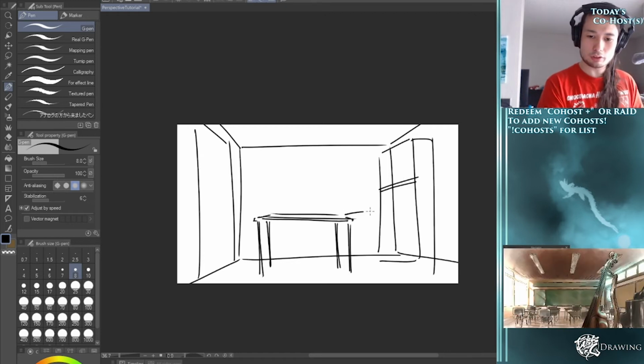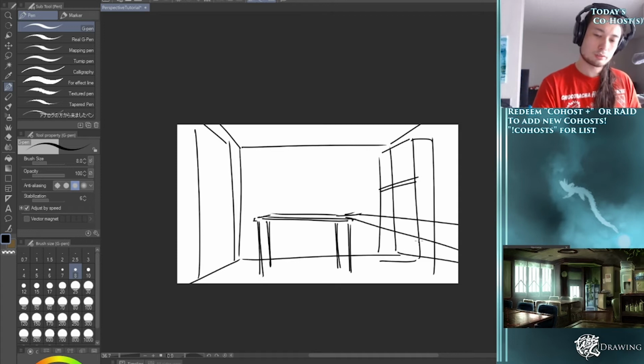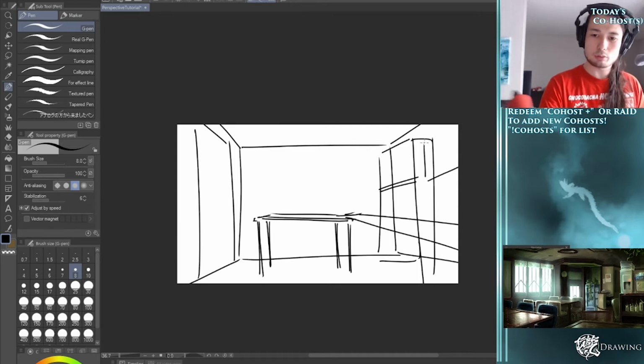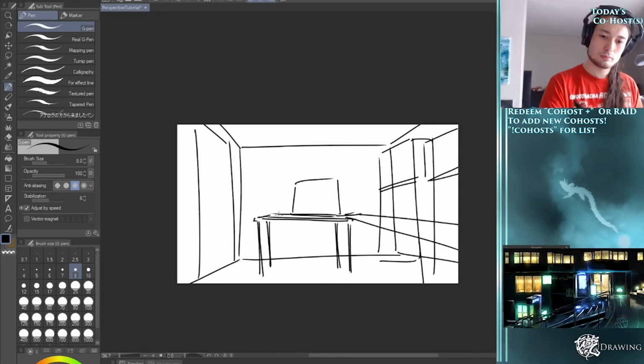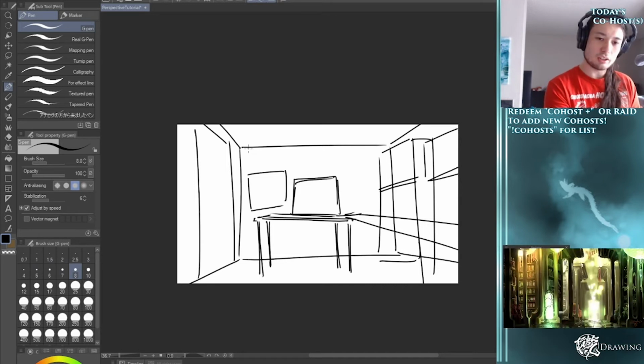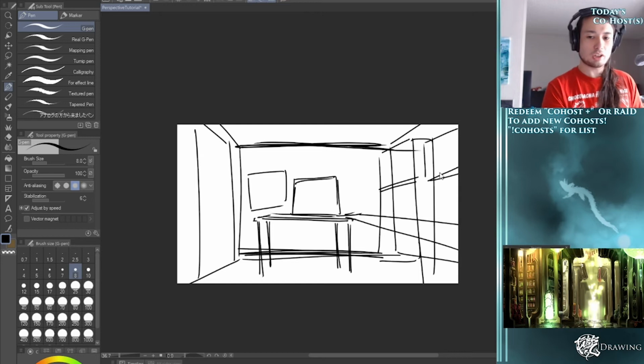Got a refrigerator, got a kitchen counter, a little microwave. 1 point, yes. And you can tell it's 1 point because all of these horizontal lines are just straight horizontal lines.